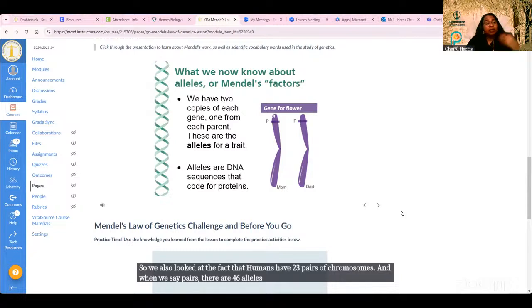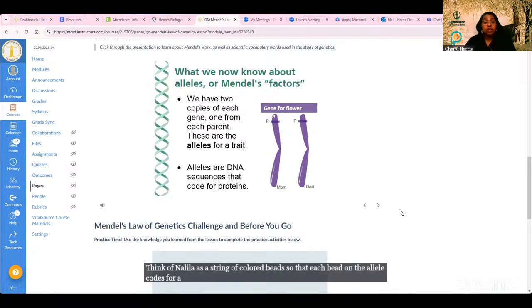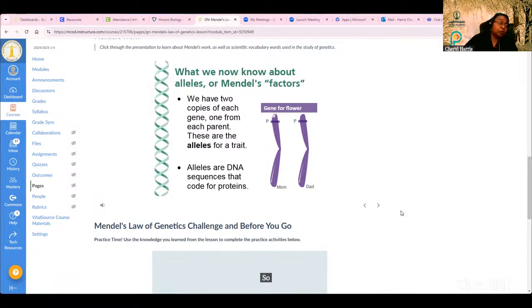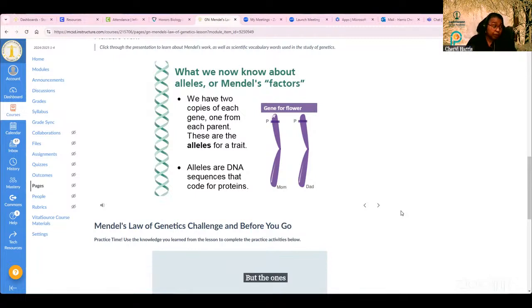Okay, now think of an allele as a string of colored beads, so that each bead on the allele codes for a different characteristic. So that whole allele from mom has several characteristics on it, and that whole allele from dad has several characteristics on it. But the ones that match up are the ones that match up for the same kind of trait.